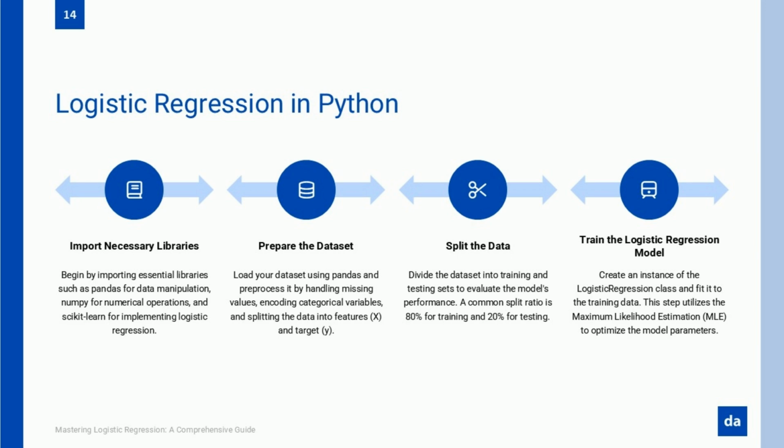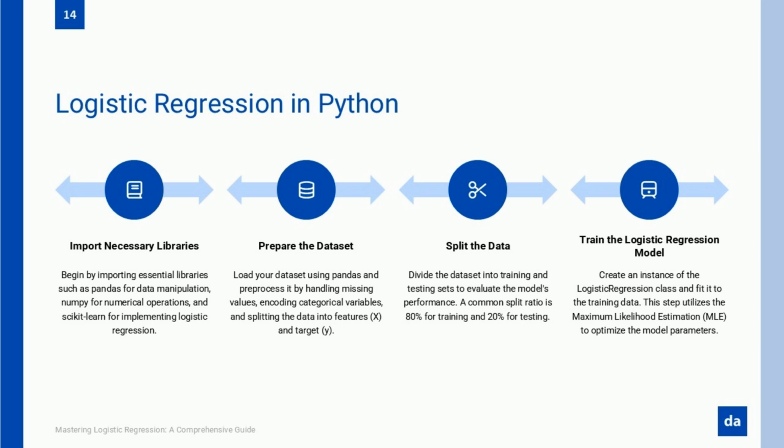Now comes the best part, training the logistic regression model. With just a few lines of code, we can create an instance of logistic regression, fit it to our training data, and it's ready to make predictions. That's right, just like that, we have a fully functioning logistic regression model. But we're not done yet. After training, we need to evaluate the model's performance.